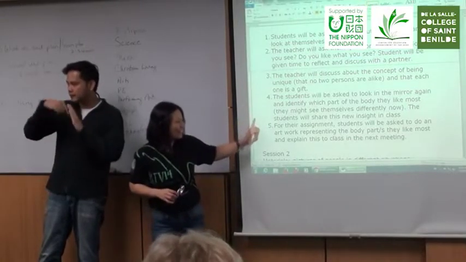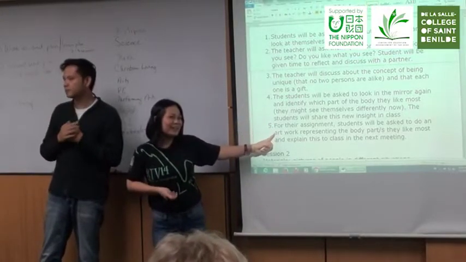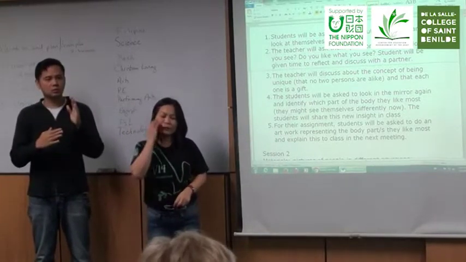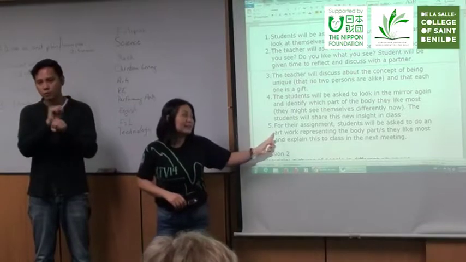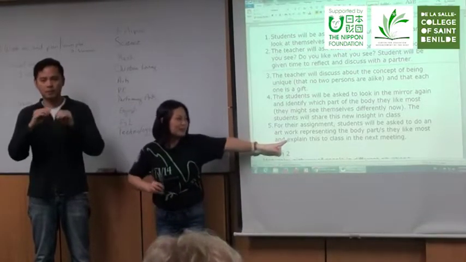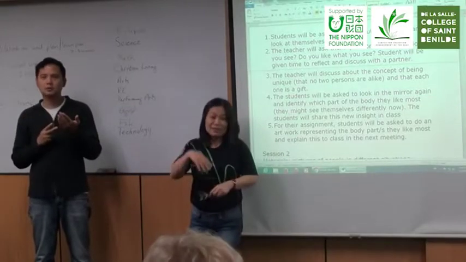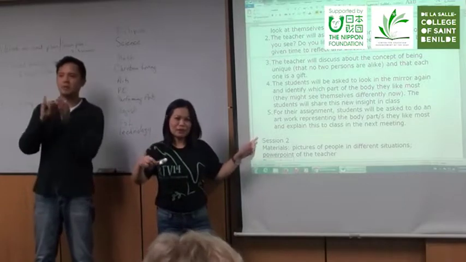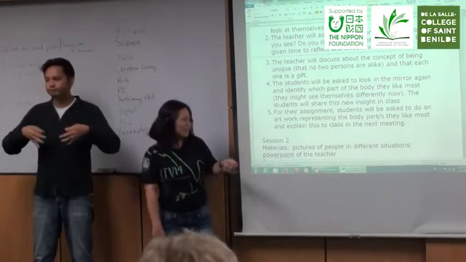Then, as a further assignment, the students will do an artwork representing the body parts they like most and explain it to the class next meeting. That's our assignment for the next meeting.